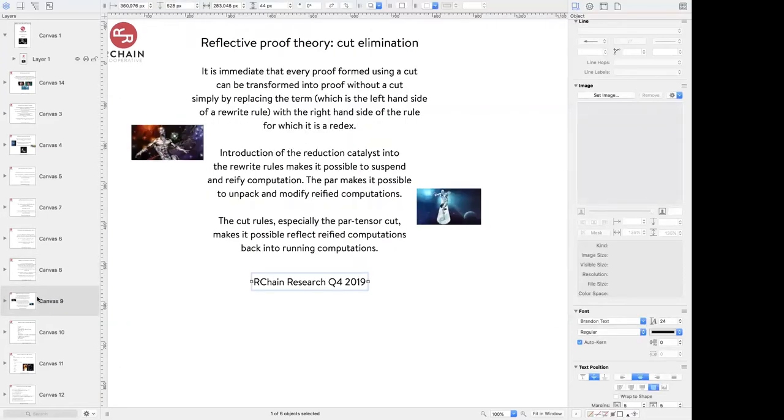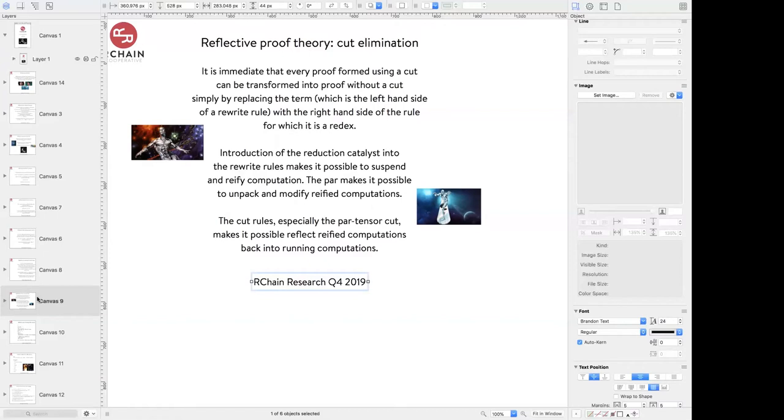And it is immediate from the way I've done this to show that if you build a proof that uses a cut, you can build a variant of that proof where you replace the use of the cut with the right-hand side of the rewrite rule associated with the cut. What that shows is that you are able to transform every proof that uses a cut into a proof that doesn't use the cut.